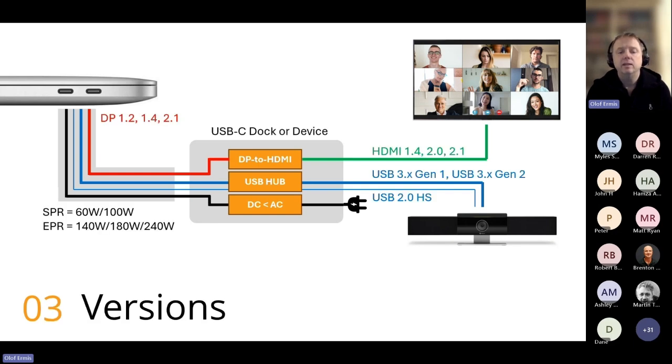The red one is normally the video protocol, which uses a standard called DisplayPort. So video goes over DisplayPort in the cable. It then enters the docking station, for instance, and often it's converted to HDMI. And then it goes HDMI to the TV or the display.